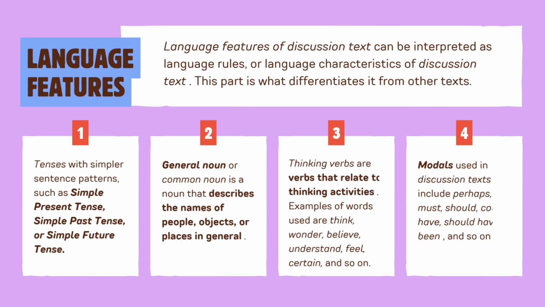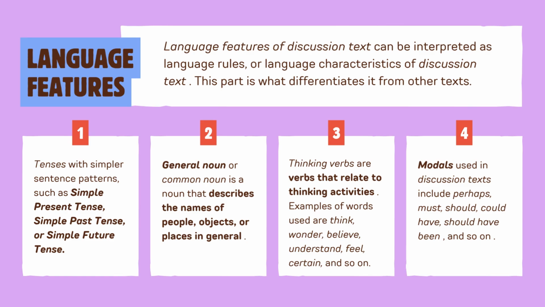And the second one is the use of general nouns to describe the names of people, objects, or places in general.